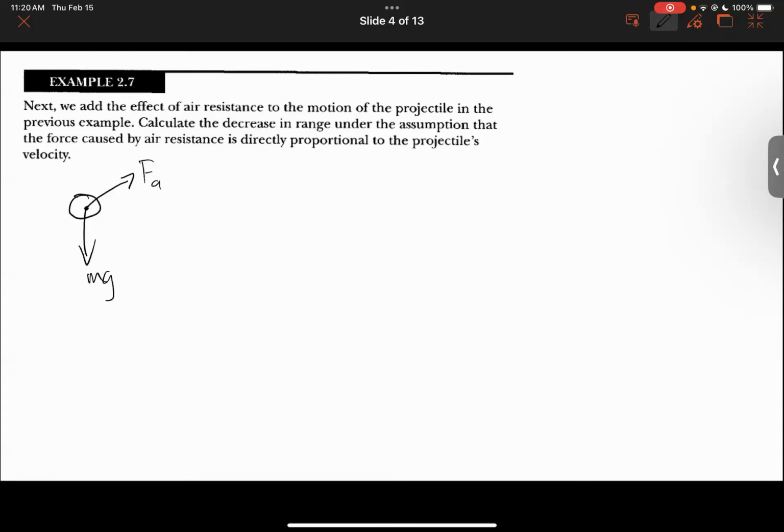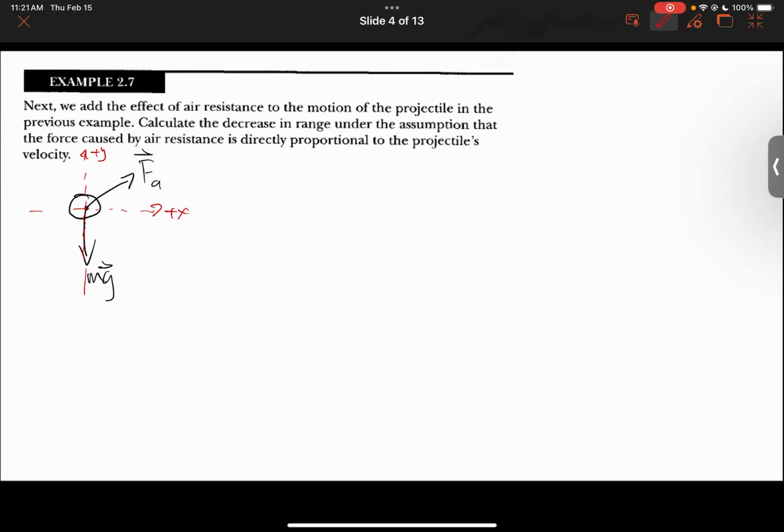Remember that the air resistance is always opposite to the direction of the motion. Okay, and yung air resistance na to, okay, will have a component along the x-axis at saka along the y-axis.